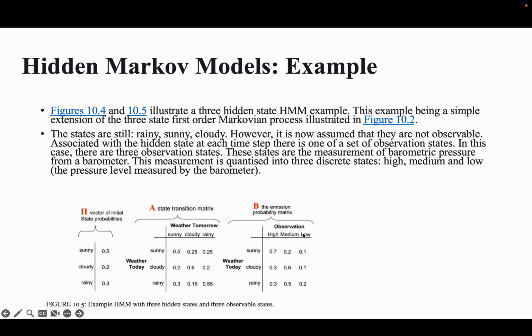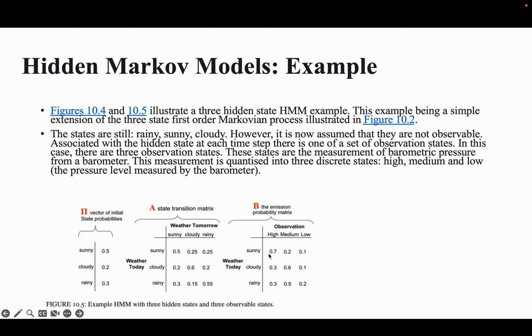Under observation here, we have high, medium, and low barometric pressure. So for high barometric pressure, there's a 70% chance that it's sunny, 30% that it's cloudy, and 30% that it's rainy. But these are not viewed in quite the same way, because you notice they don't add to 1.